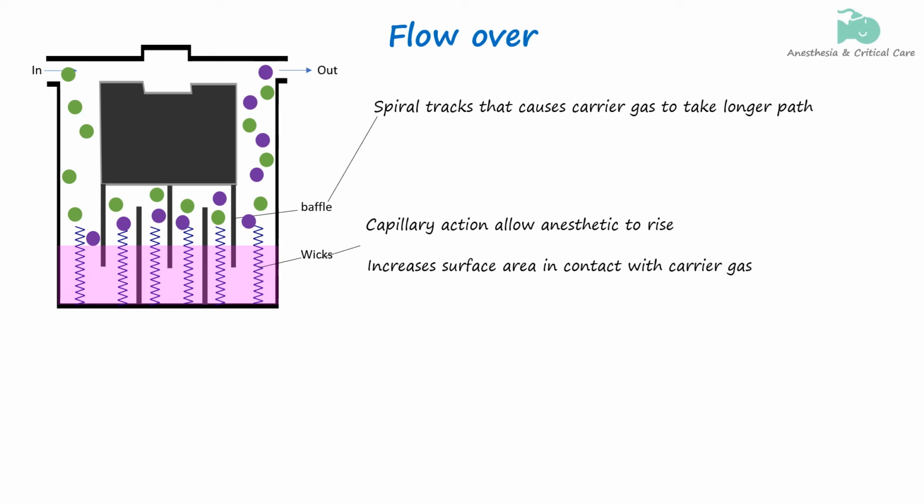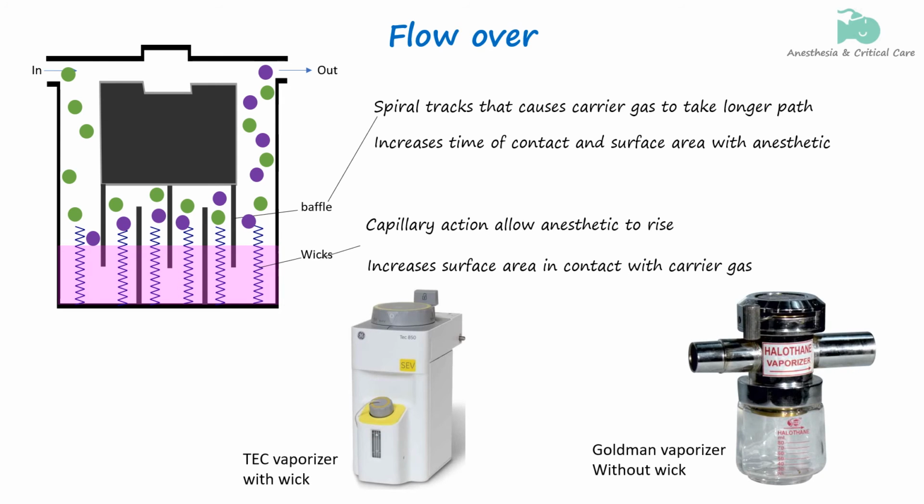These structures lengthen the pathway of the gas over the liquid anesthetic, giving it more time and surface area to interact with the anesthetic and further enhancing vaporization efficiency. The Tec vaporizer uses a wick system for consistent anesthetic delivery. In contrast, the Goldman bottle flows directly over the liquid surface, which can be less efficient, especially at lower flow rates.